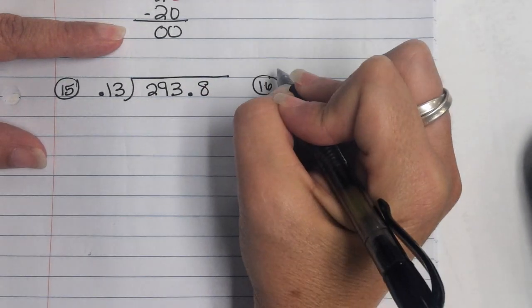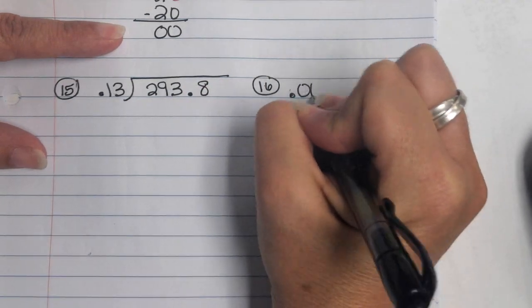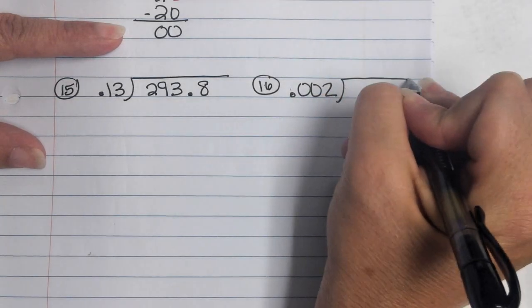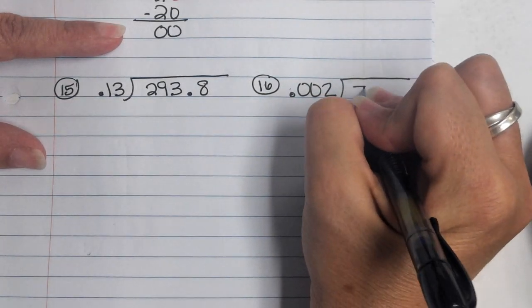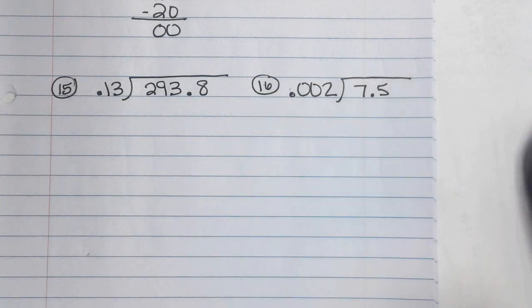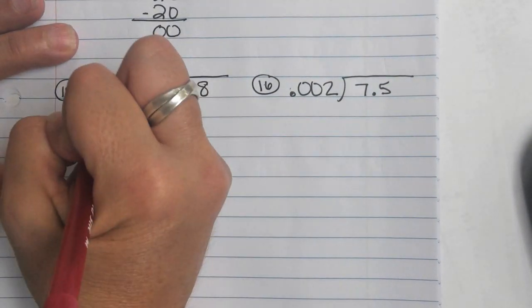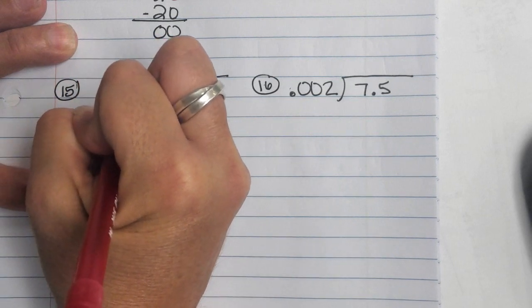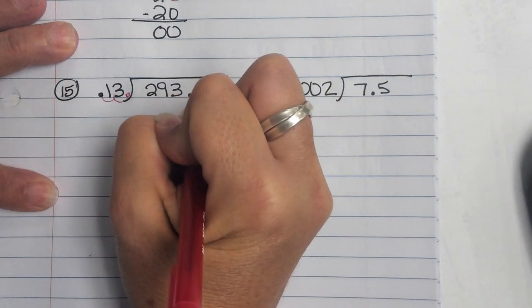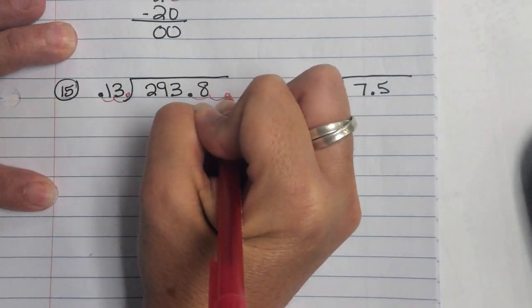And then 16, I'm just kind of writing them down real quick. Okay. So the kids and I have talked about bouncing this decimal over. If we have to do it twice in the divisor, we got to do it twice in the dividend.